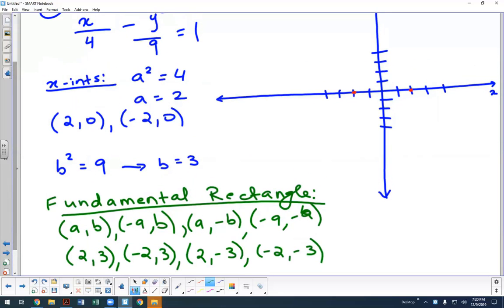If I use these vertices, you get your fundamental rectangle, just using those 4 points and joining your sides, right? These are all imaginary shapes, so that's why we're not drawing them as solid lines.